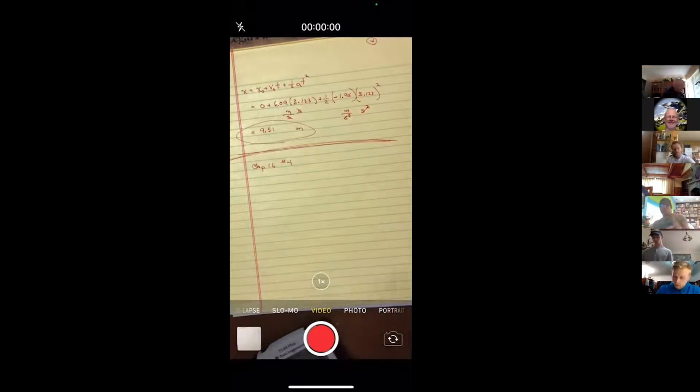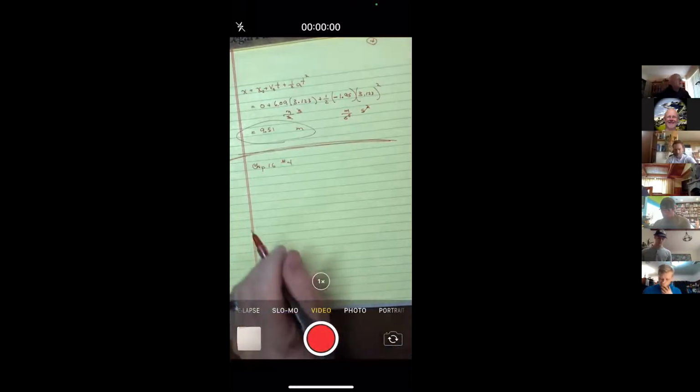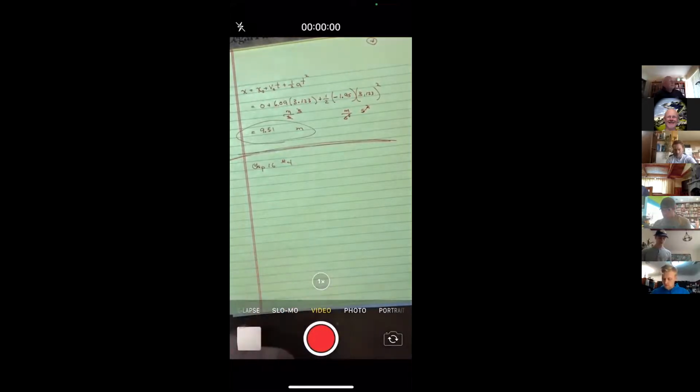Okay. Good. And let me find number 4 for you guys. All right. So number 4 says, it's about waves here. These are earthquake waves, seismic waves. So it says a seismograph station receives S waves and P waves from an earthquake.